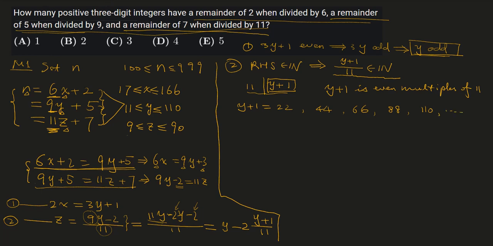I'll mark these possible choices in this way. Since this is 2 times 11, I'll call it 2 times. This is 4 times, I'll call that 4. And this is 6 times, I'll call that 6. This is 8 times, I call that 8, and so on and so forth. Right, the next would be 12.